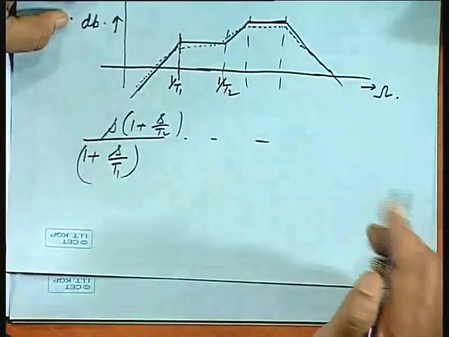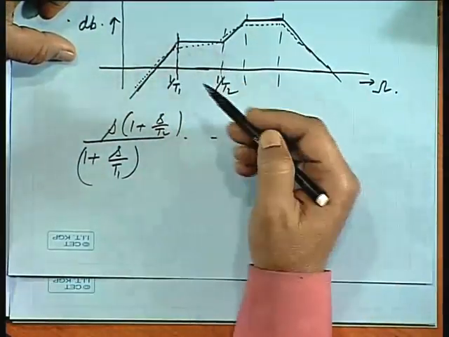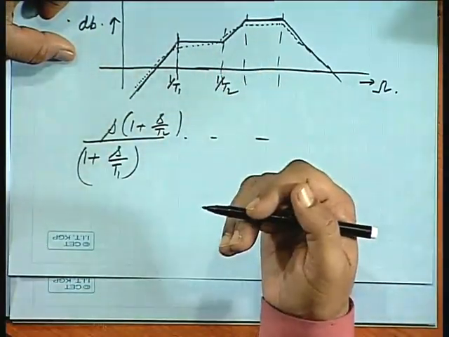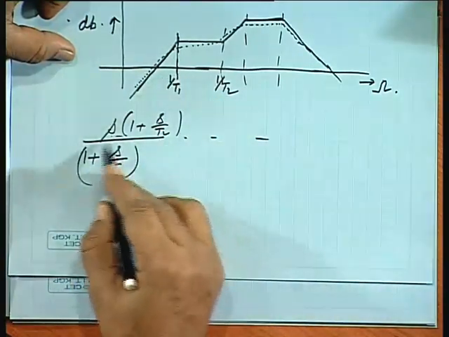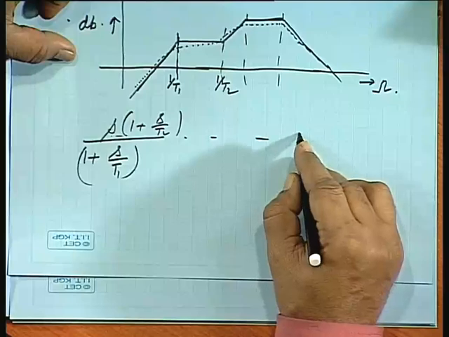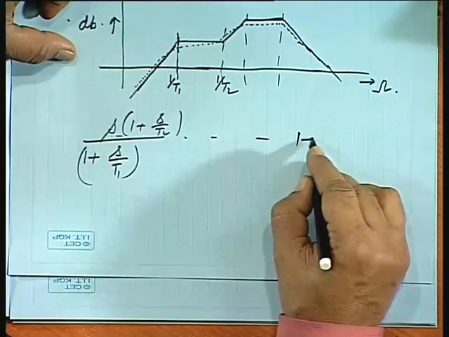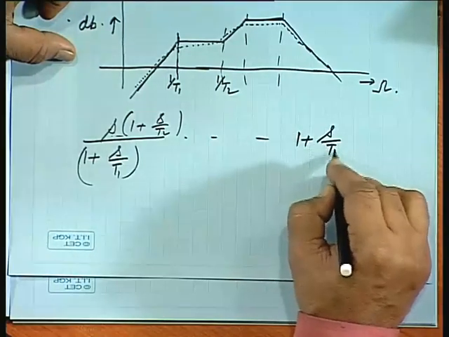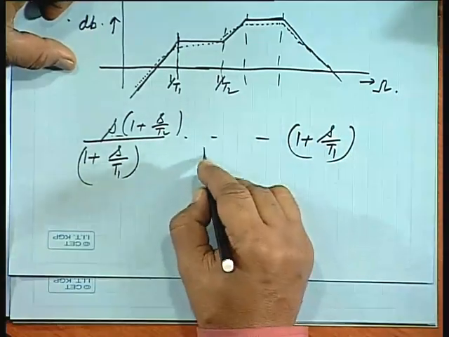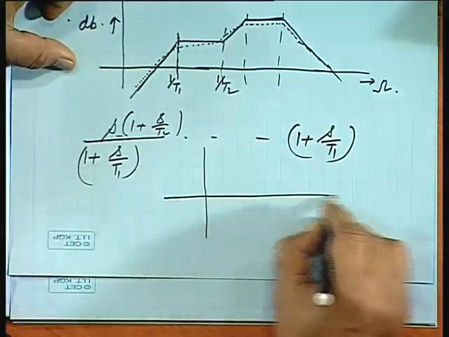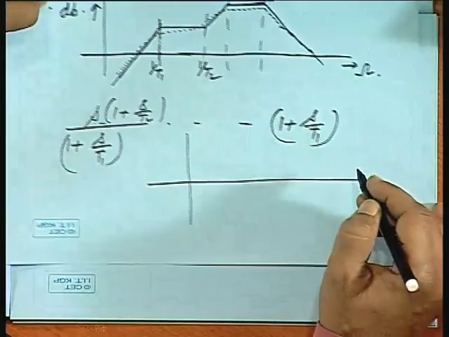Now, from the gain plot, can you estimate the phase? Once you have estimated these, for each component, you know if there is a factor, say 1 plus S T1, suppose it is in the numerator, it can be in the denominator also. What is the phase contribution of this particular factor?